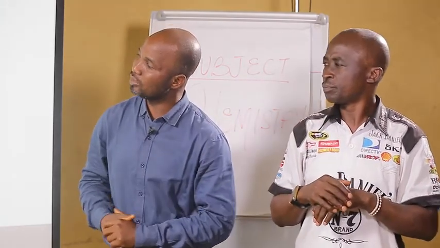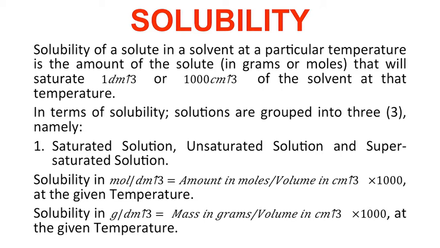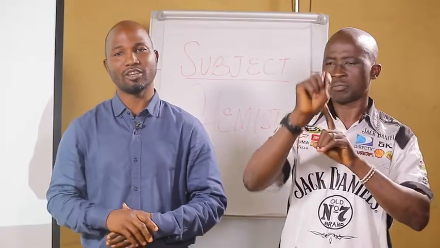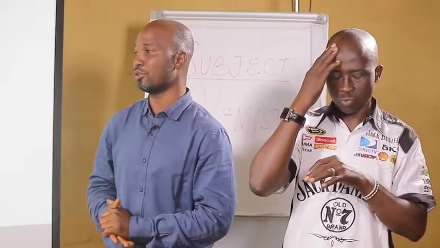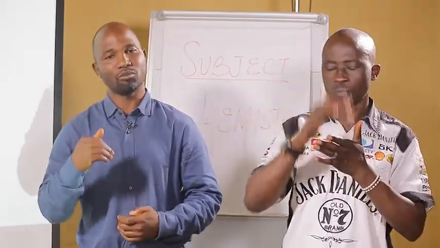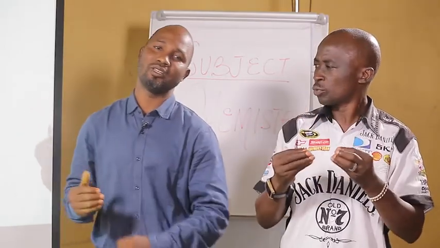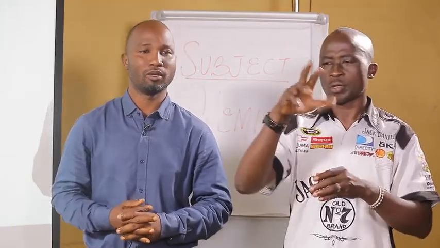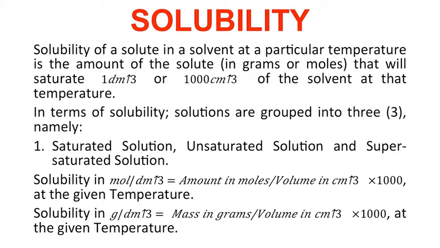Solubility, he mentioned solubility as the amount of solute, either in grams or mole, that is dissolved in 1 dm cube or 1,000 centimeter cube of a solution at a particular temperature. It's important that you know that it's at a particular temperature. And that is why there is solubility in mole per dm cube and there is solubility in grams per dm cube, such that solubility in mole per dm cube is amount over volume in centimeter cube times 1,000.